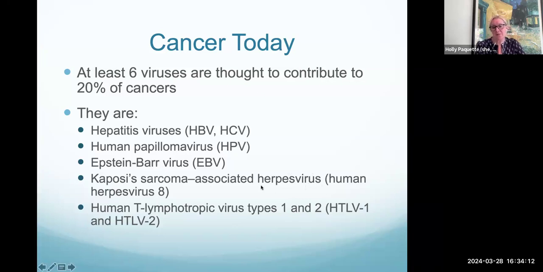So in this case, herpes virus 8 is associated with Kaposi sarcoma, which was a cancer that we saw commonly in early stages of AIDS patients. The last one then is these human T lymphotropic virus types, and this is types 1 and 2. And these generally cause a leukemia, a problem with the T cells of the immune system.